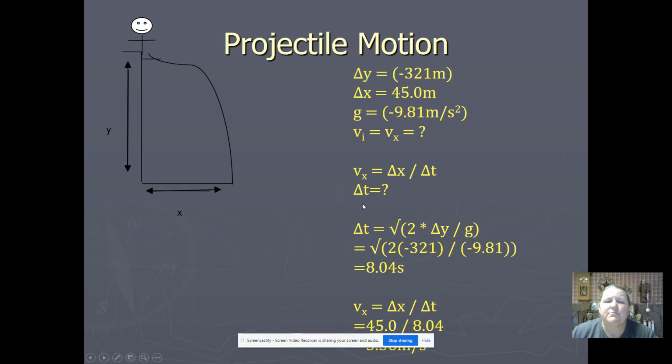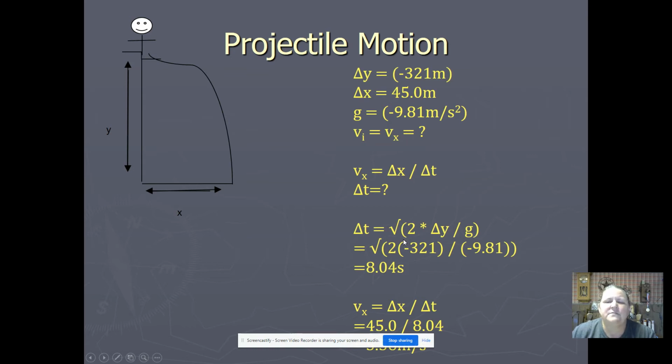Okay, so we rearrange this equation and we solve for delta t, which is going to be the square root of 2 times your y component divided by g. This is an equation that we used before for free fall acceleration. Delta t equals the square root of 2 times delta y divided by g.